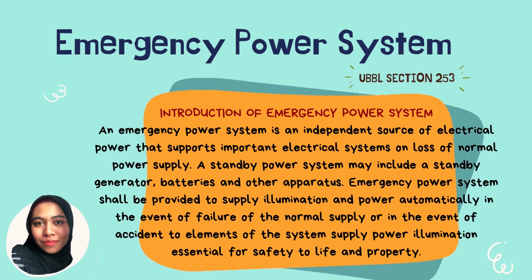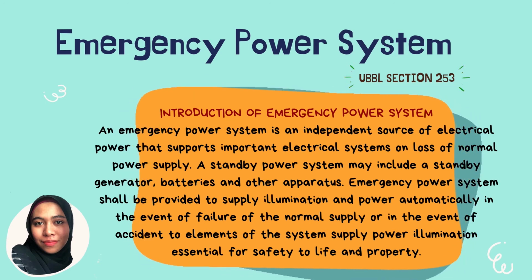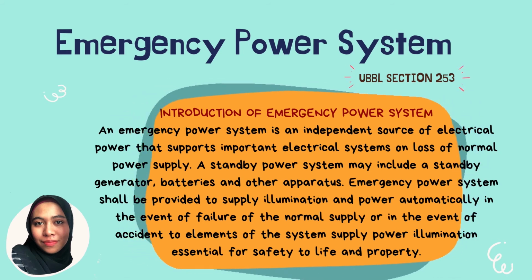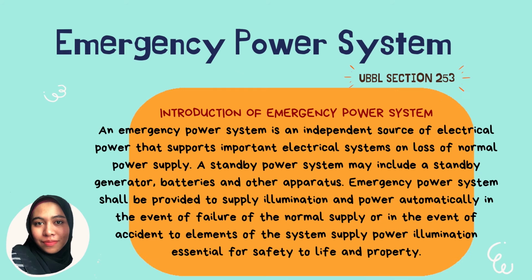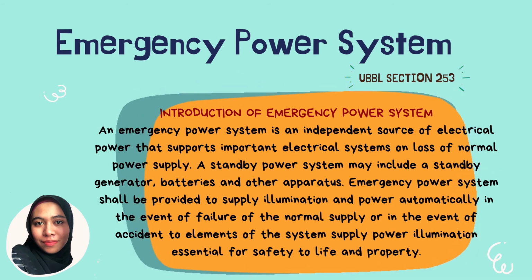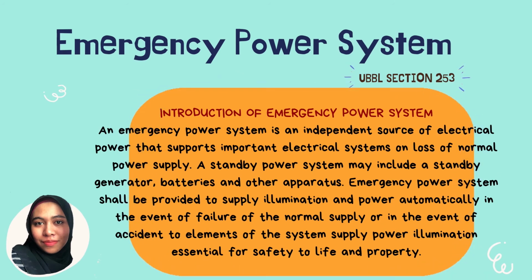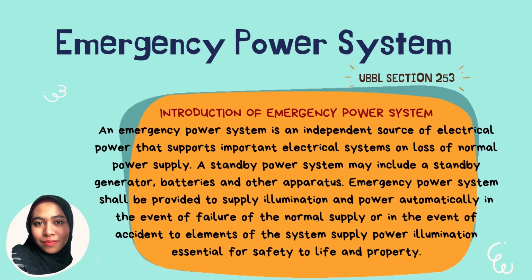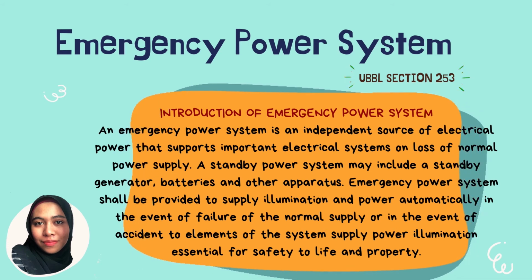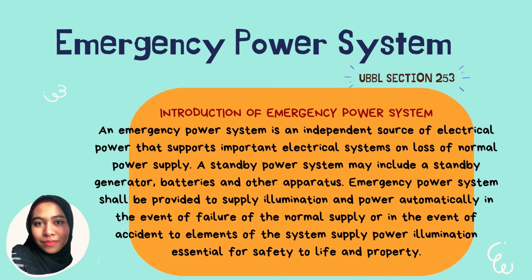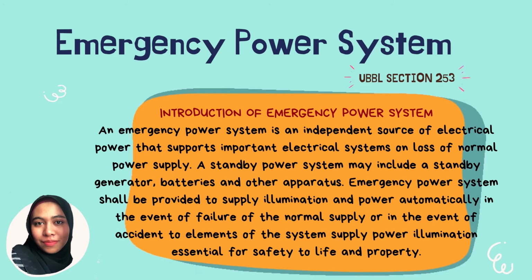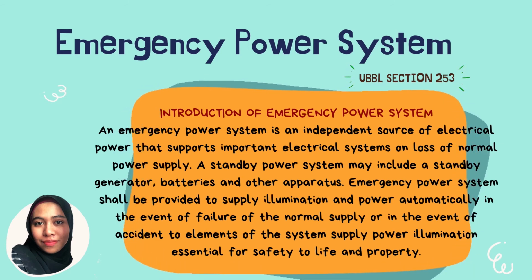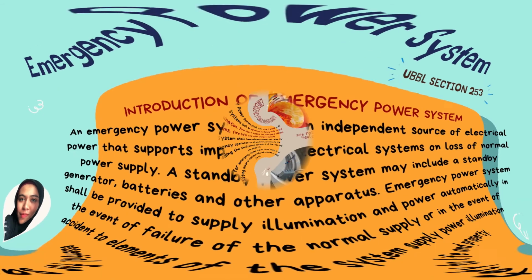Emergency power system shall be provided to supply illumination and power automatically in the event of failure of the normal supply or in the event of accident to elements of the system supplying power and illumination essential for safety to life and property. So from that statement, the emergency power system is used automatically in the failure or accident in a building, property or elsewhere.